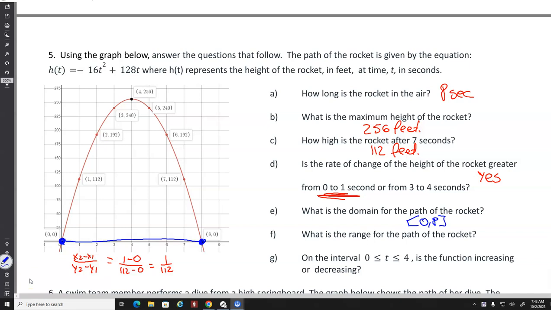Now what is the range of the path of the rocket? Again, it cannot come from infinity, so it's going to come from 0 to its highest point, which is 256. So 0 to 256, that's where we see our graph when we're looking up and down.